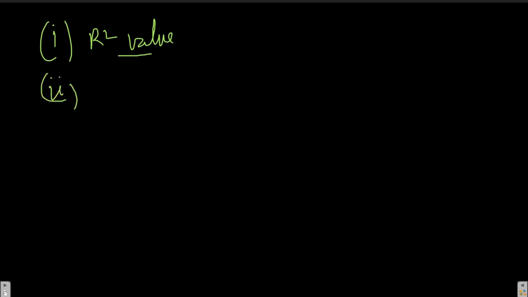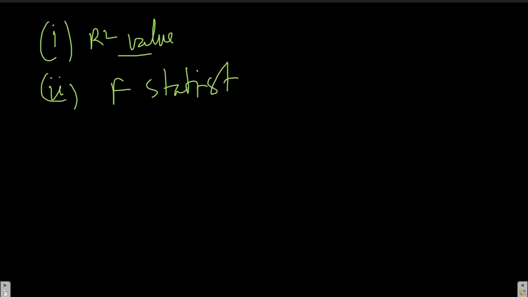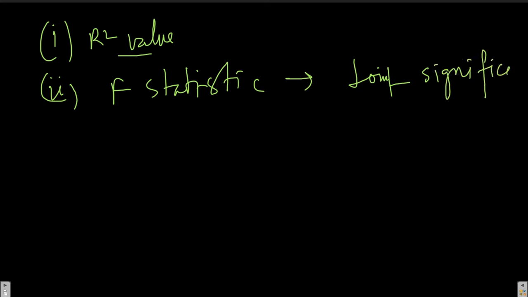Now the second way to identify it is to check the F statistic. We know that the F statistic is helpful to determine the joint significance of a model. What do we mean by joint significance? If all the variables are making sense, if the model is making sense. We have seen this in the OLS process: if the F statistic that you calculate is higher than F critical, then we say that the model is significant.